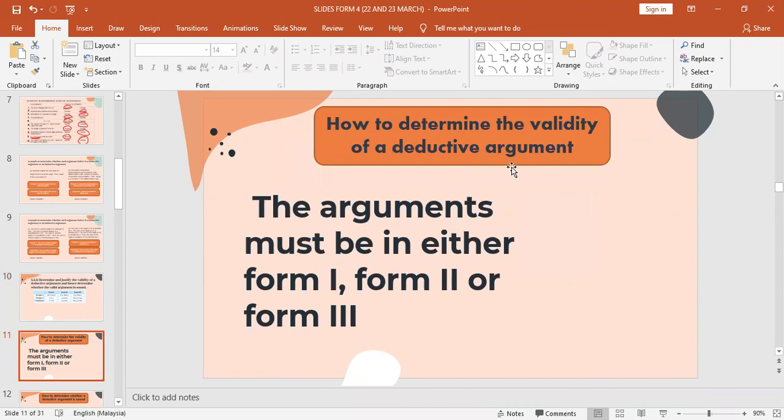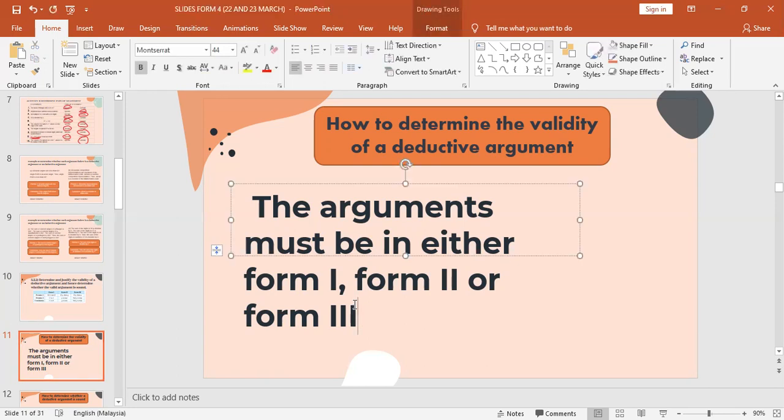So, firstly, we will learn how to determine the validity of a deductive argument. Macam mana kita nak tentukan adakah deductive argument tu valid? Cara nak tentukan dia, we must make sure that the argument must be either in form 1, form 2 or form 3. Maknanya argument tu mestilah berada dalam sama ada bentuk 1, bentuk 2 ataupun bentuk 3.